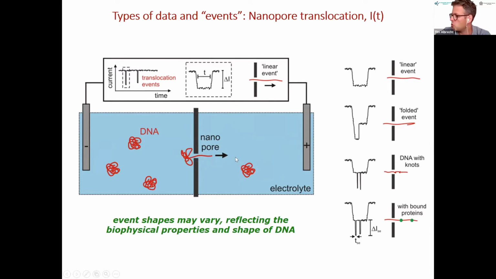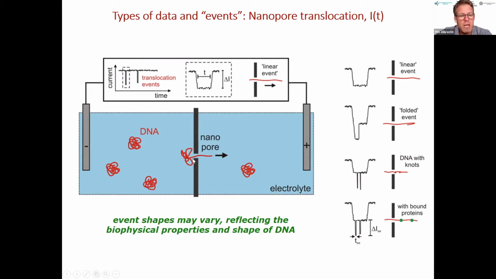Now, you've also got two electrodes shown on the left and the right, and when you apply a voltage, you can induce an electric field in the cell, and that electric field is focused around the nanopore.